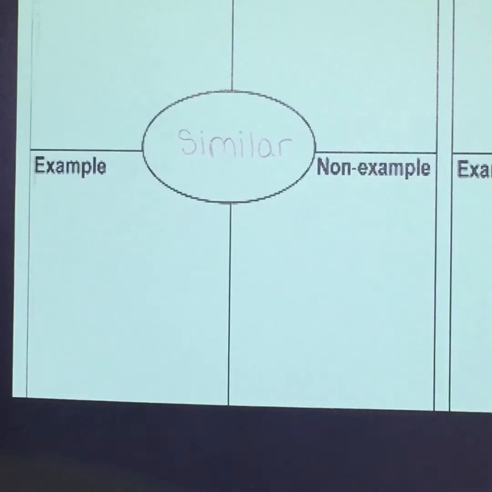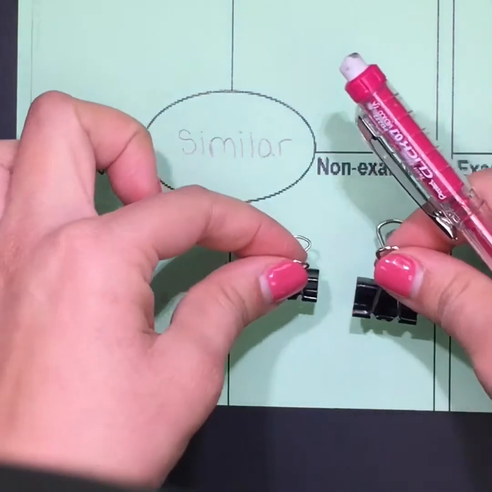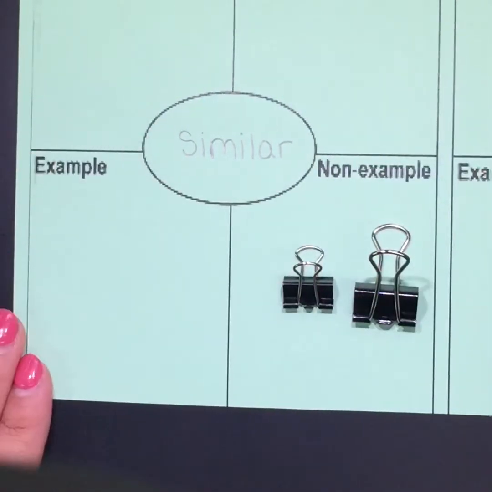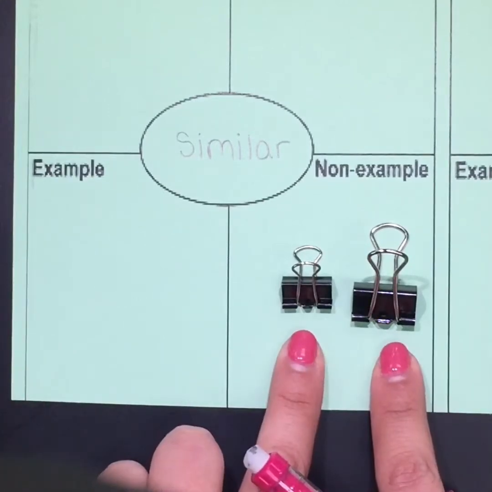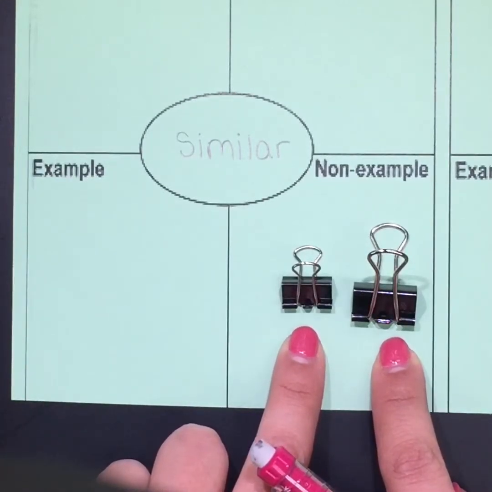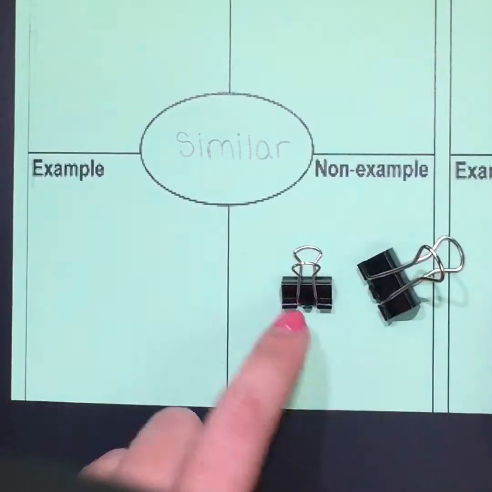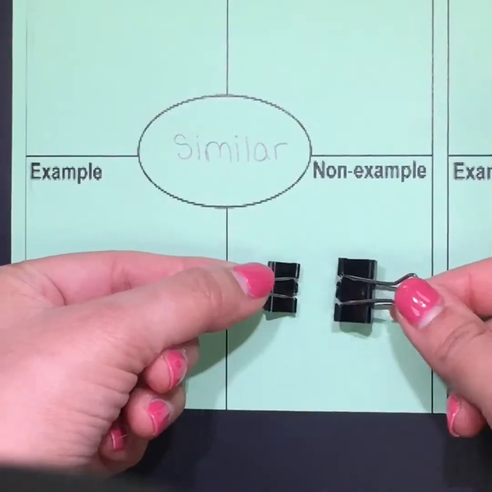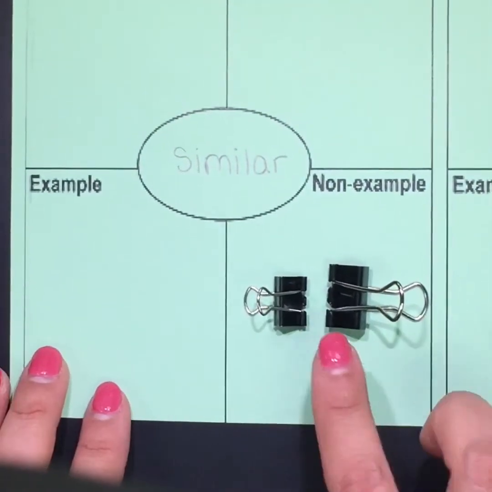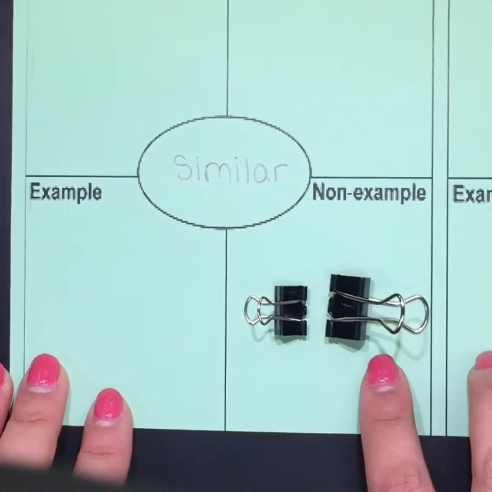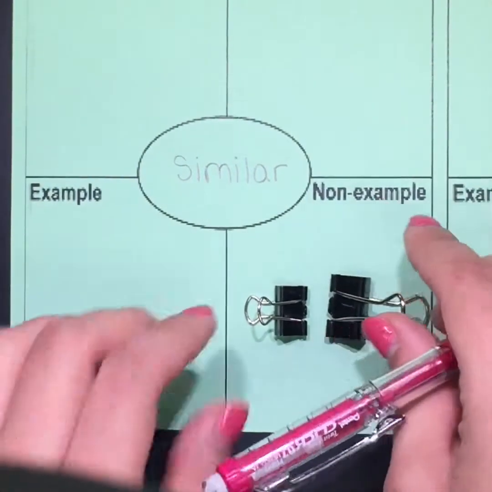This just happens to be an example that I found on my desk of two items, two binder clips that are similar. If I said that these two binder clips are similar, that means that the only difference these two shapes, these two figures, have is their size.